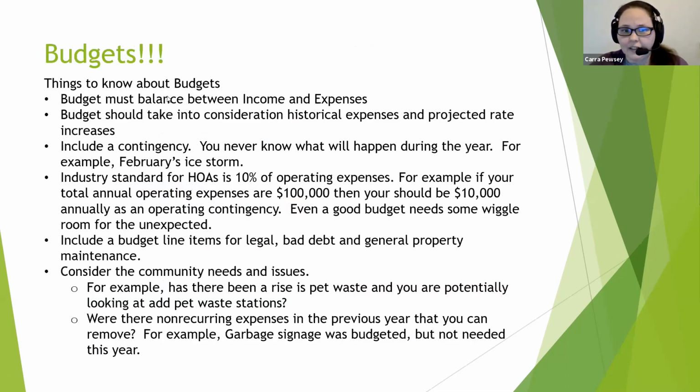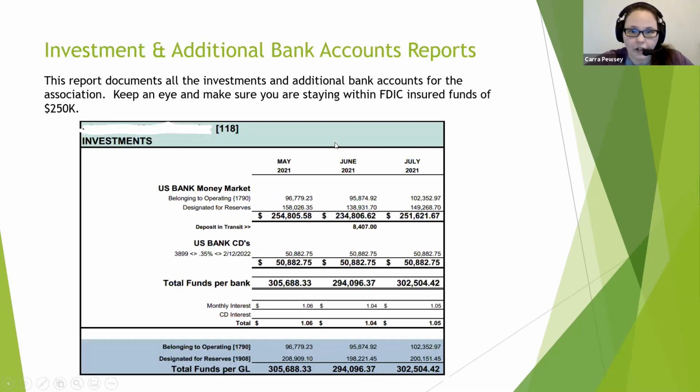We do designate, so for example, the money market account earns a little bit more interest than the checking account does. So anytime that we have the opportunity to, and there are certain associations that can't do this because of how their legal documents are stated, we do have operating funds in the reserve account in order to earn more interest.